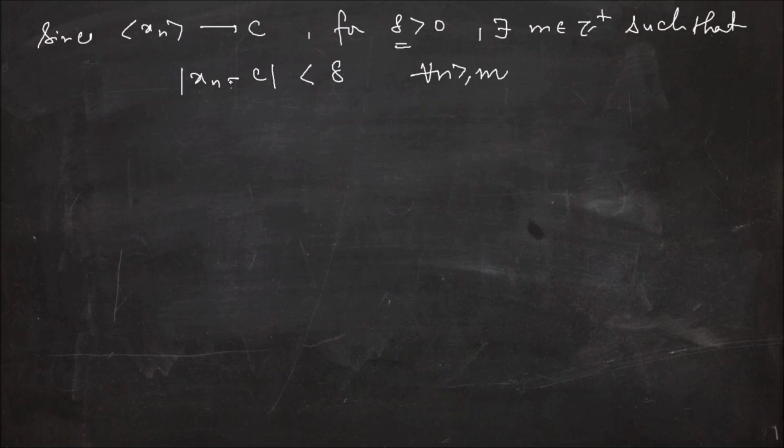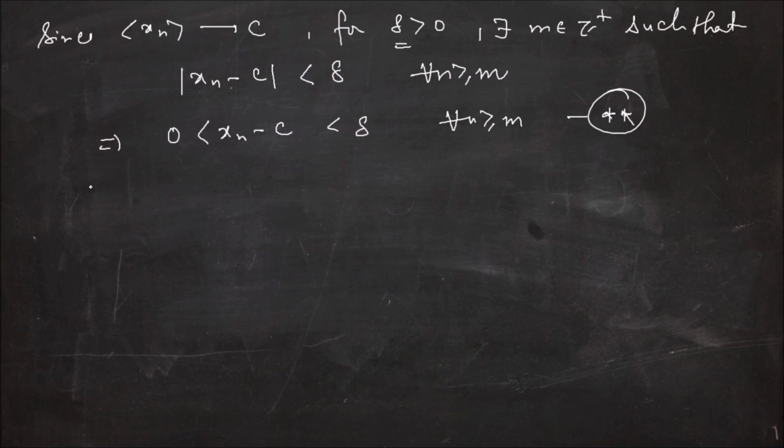Now since xn is greater than c for every n, I can remove the modulus and write xn minus c is less than delta for all n greater than or equal to m. So mark this as double star.